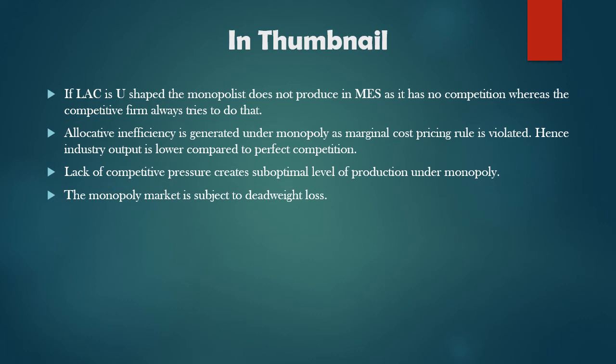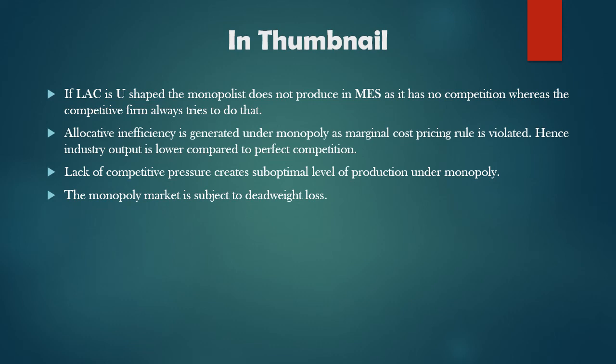Next thing is that whenever we are considering the case of a perfectly competitive market, each firm has a threat of being wiped out of the market. So that's why it is called competitive pressure. Due to this competitive pressure, the perfectly competitive firm will always produce at the maximum efficient level. So that means in a perfectly competitive market, a firm will always produce at its optimum level of production.